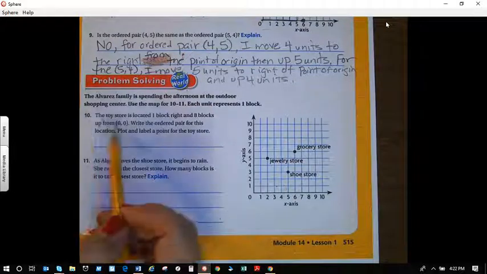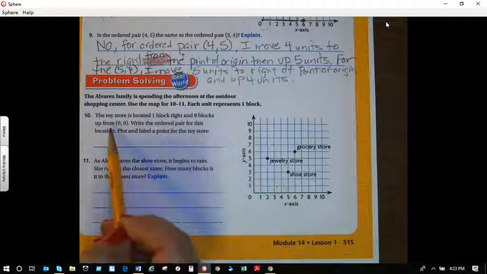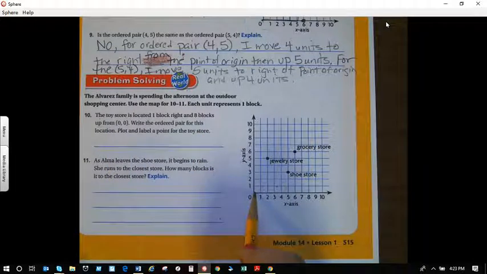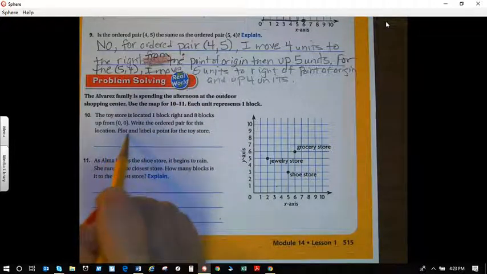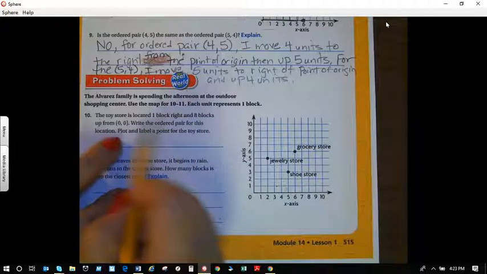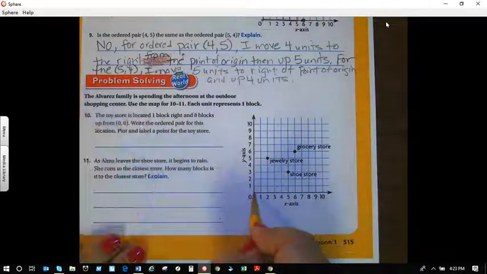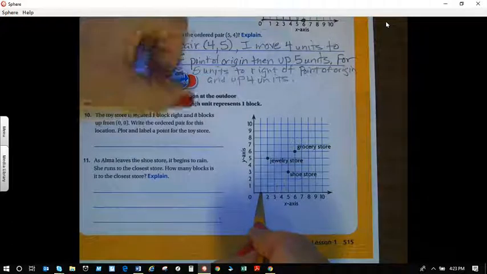So here we have the Toy Store is located 1 block right and 8 blocks up from 0, 0. Write the ordered pair for this location and then plot and label the toy store. So from point 0, 0, 1 block to the right and 8 blocks high.